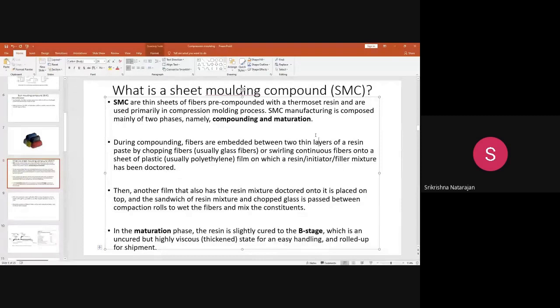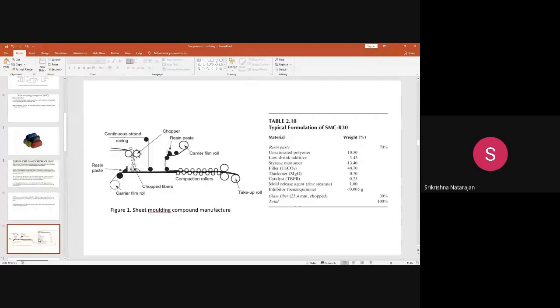So once you have a B stage type of composite, you can use this for further curing in the molding process, because it is partially cured. That is why the sheet molding compound is something which is partially cured, like a prepreg.